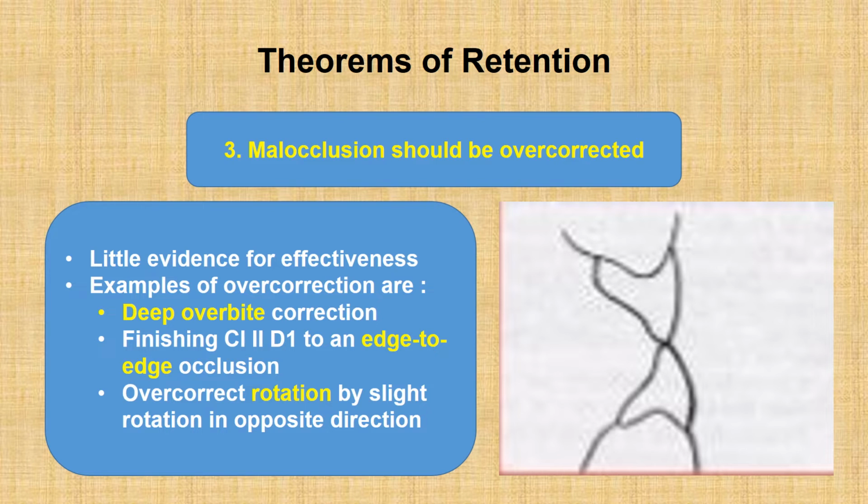One is a deep bite overcorrection, and finishing a class 2 division 1 to an edge-to-edge occlusion, so that the relapse tendency will bring it into an ideal class 1 occlusion. Rotation can be overcorrected by a slight rotation in the opposite direction to the original rotation.